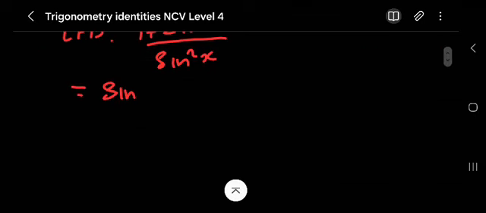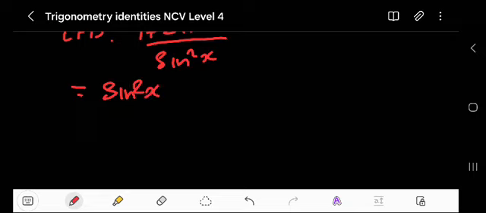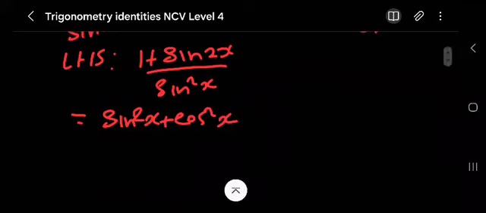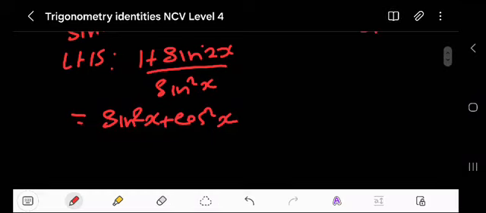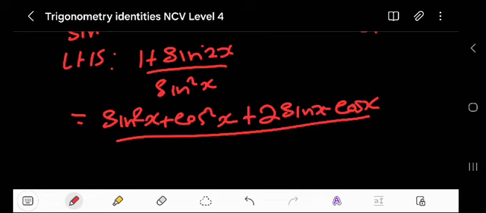Let me eliminate that 1. It will be sine squared x plus cos squared x. Let me change this. This is the same as plus the double angle sine x multiplied by cos x all over sine squared x.